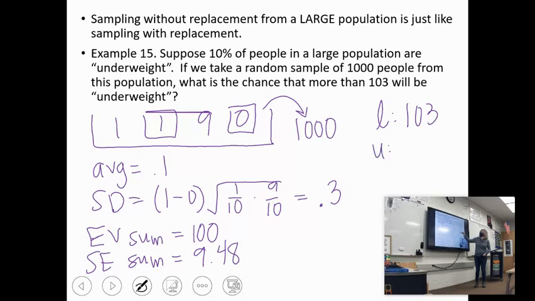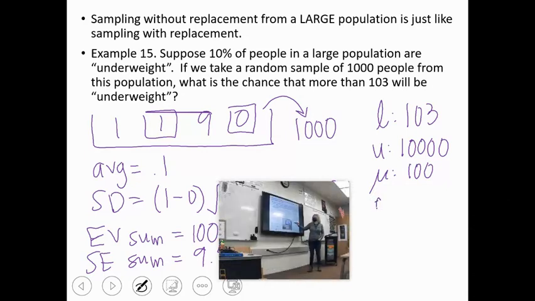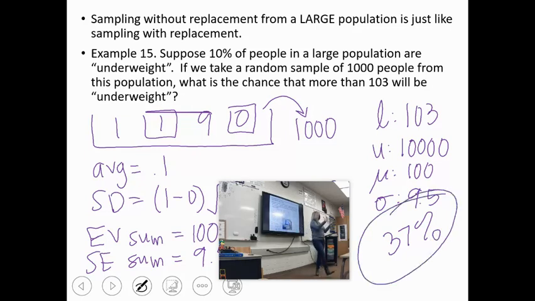What's the upper bound? And then mean or the EV sum 100, and then the SE sum is 9.5 or 9.48. And what's the chance of this happening? 37% chance that in that sample of 1,000 people, we'd have more than 103 that were underweight.